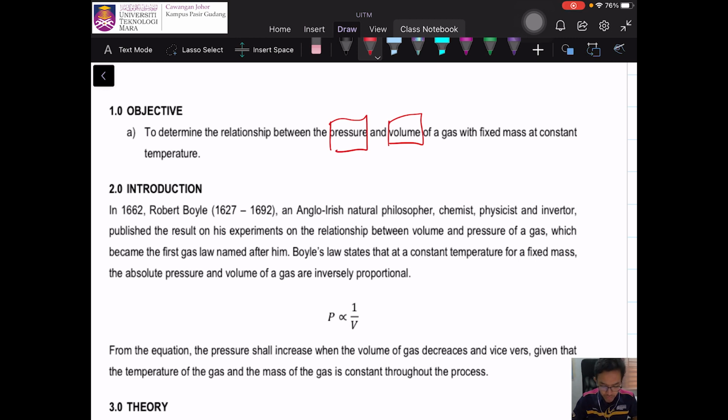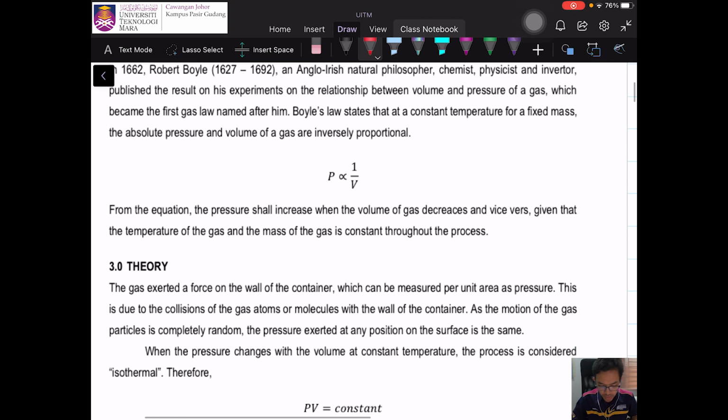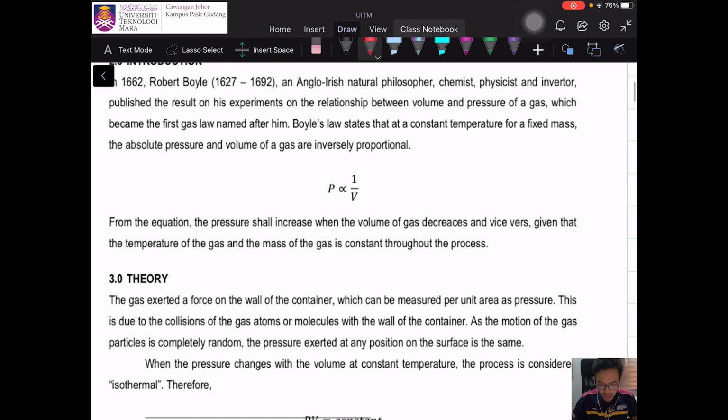Basically, from the theoretical aspect, Boyle's law states that at a constant temperature for a fixed mass, the absolute pressure and the volume of a gas are inversely proportional. It means that when the pressure is increased, the volume will decrease, and vice versa: if your pressure is reduced, your volume can be increased.